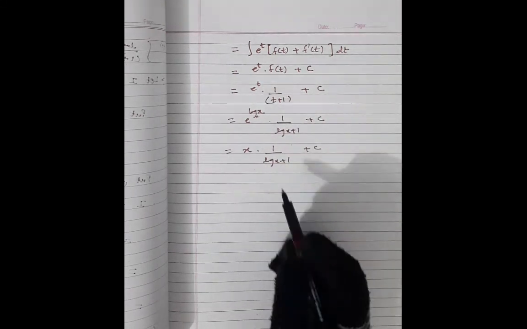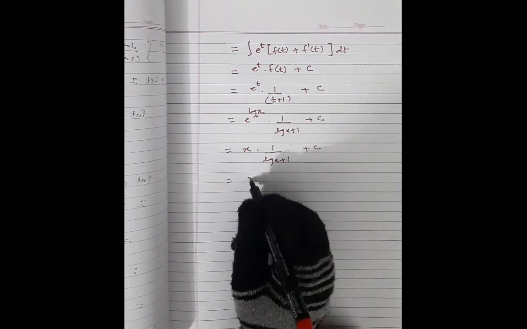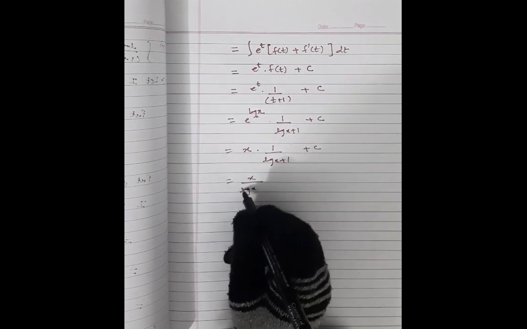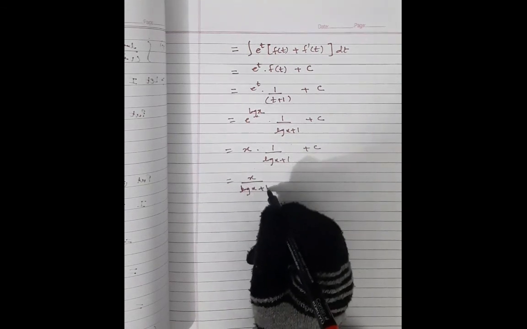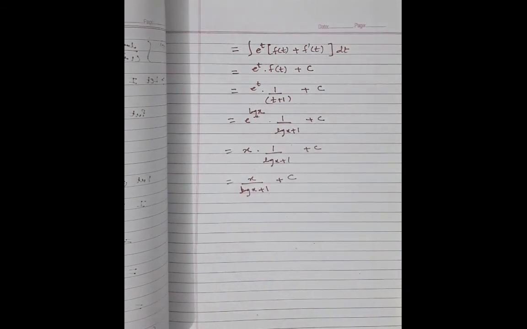Our answer is x into 1 upon (log x plus 1). We will write this as x upon (log x plus 1) plus c. Getting? Here, students, exercise 5.5 is completed.